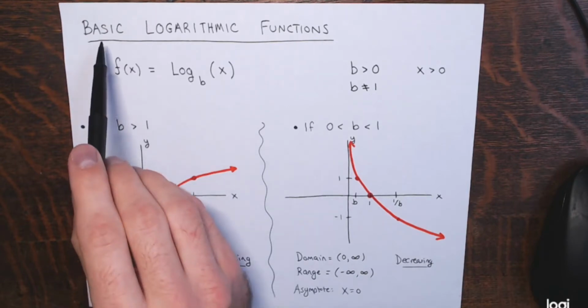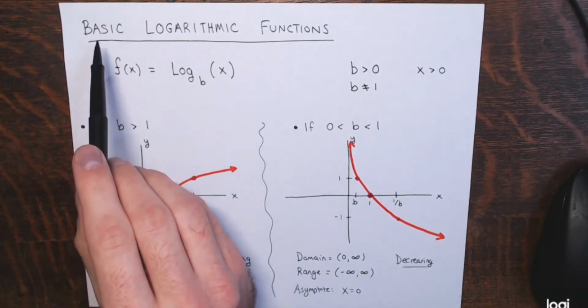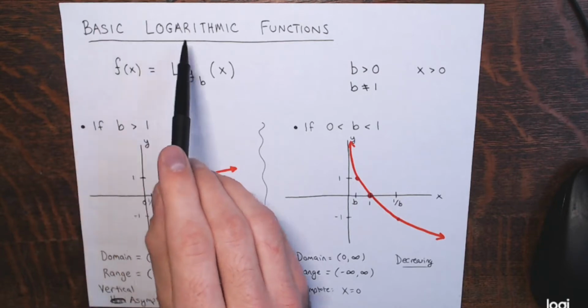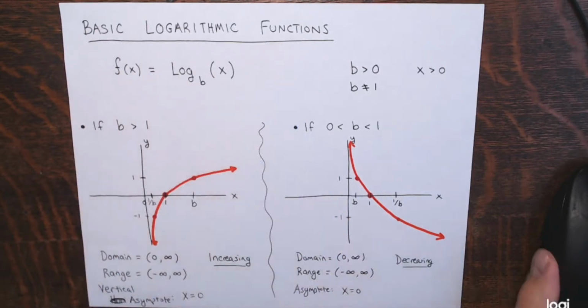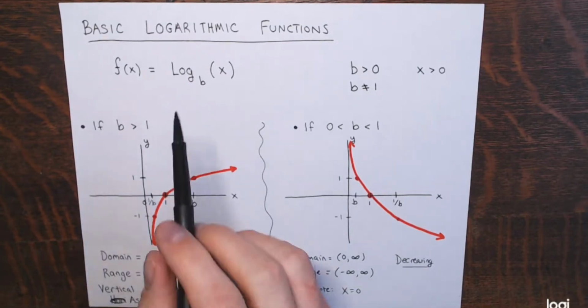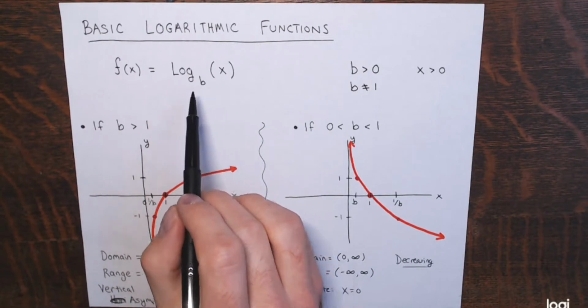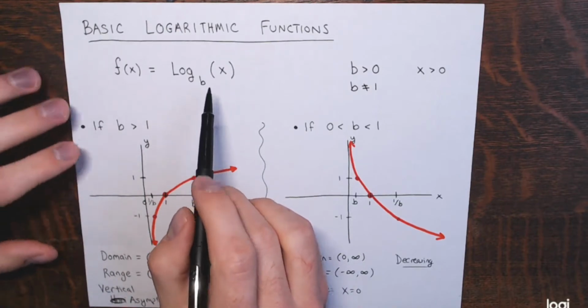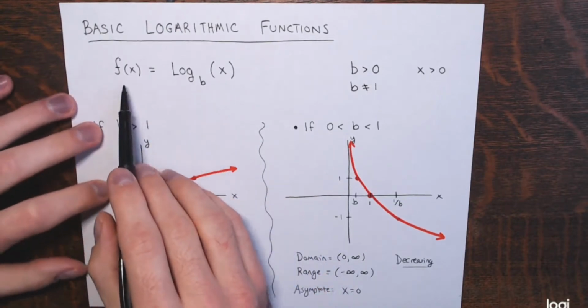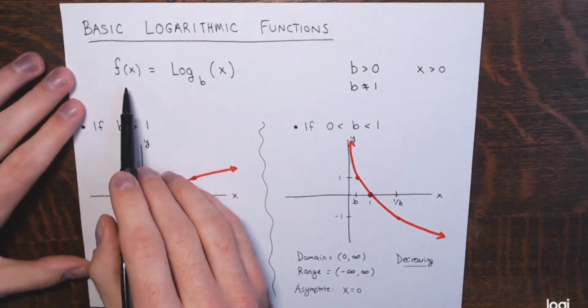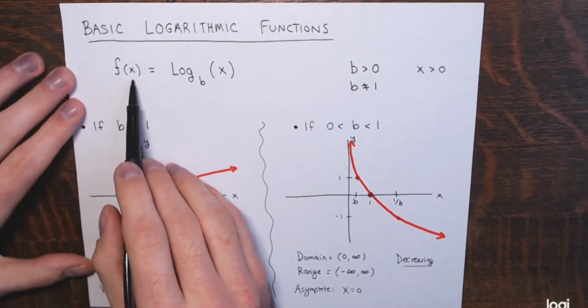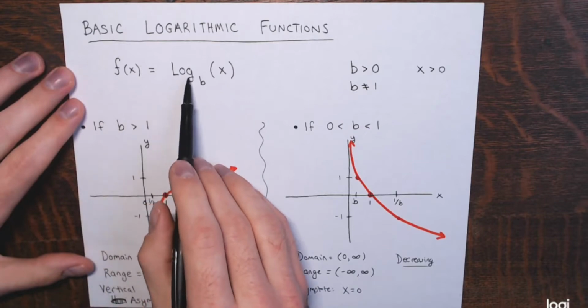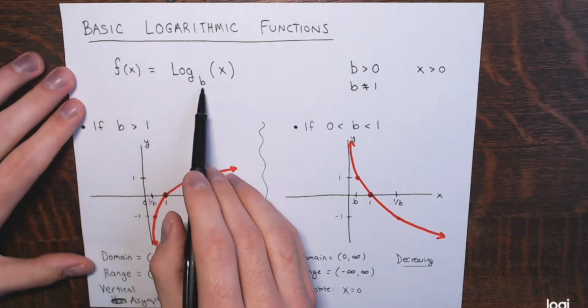So these are the most basic, or the parent, logarithmic functions. Right, and then every other logarithmic function we're going to see the graph of will be just some transformation of a function that looks like this. So the most basic logarithmic function you'll come across is y equals, or f of x equals, the logarithm base b of x.